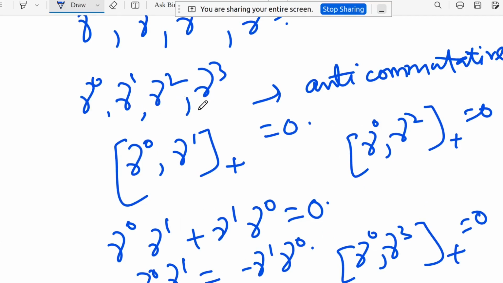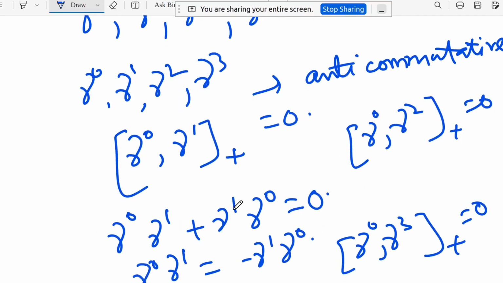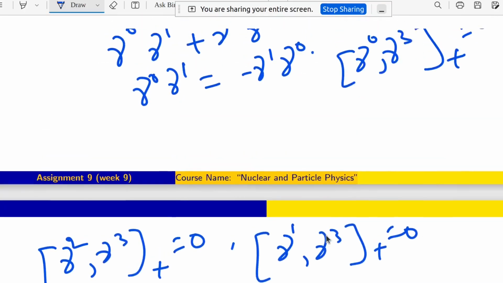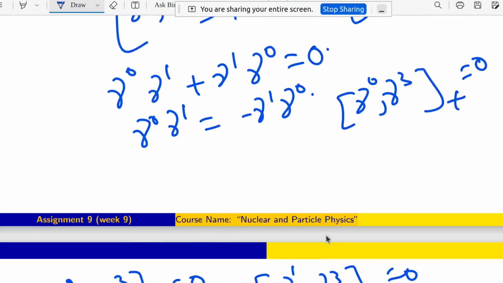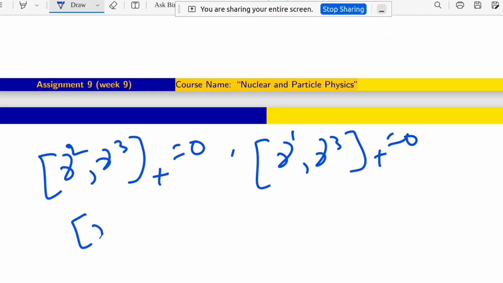Okay, so there are 6 combinations in total. Gamma 1 and gamma 2, I did not write here, that is also 0. So these all gamma matrices are anti-commutative to each other.